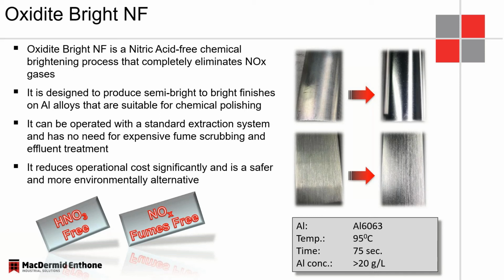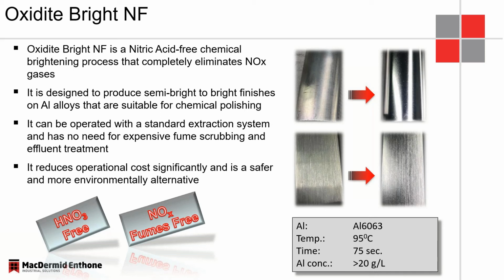The nitric acid is obviously substituted by other chemicals, and these nitric-free processes have a particular application. They're not really used for light reflectors where we need that very, very high specular glossy finish.